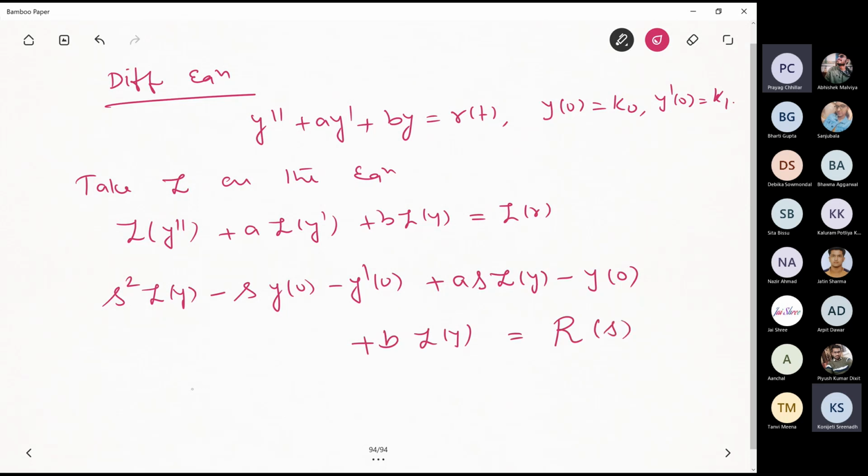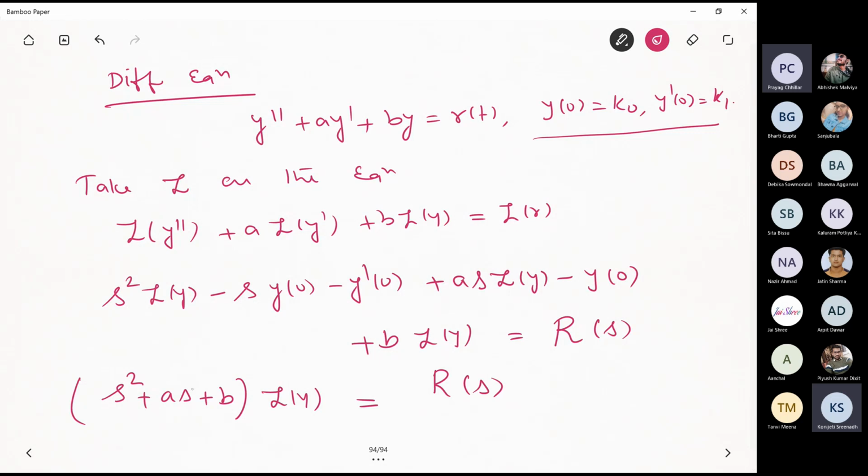So you can write the terms (s square plus a s plus b) into the Laplace transform of y is going to be R(s). Okay, so you have y(0) equals k naught, y prime(0) equals k1.